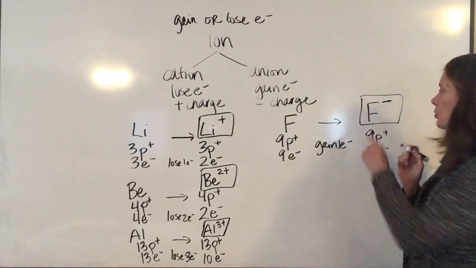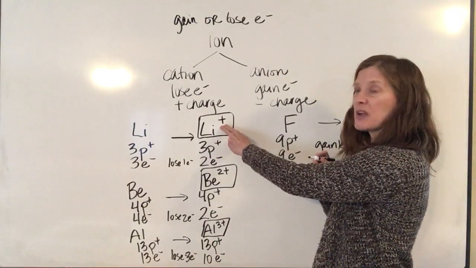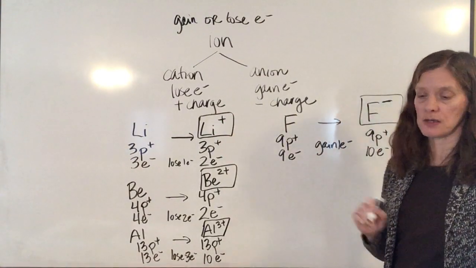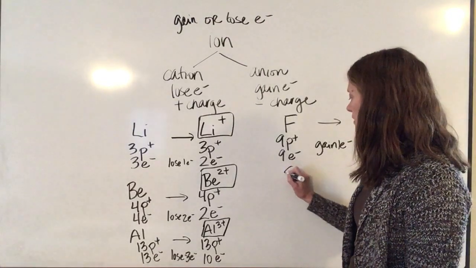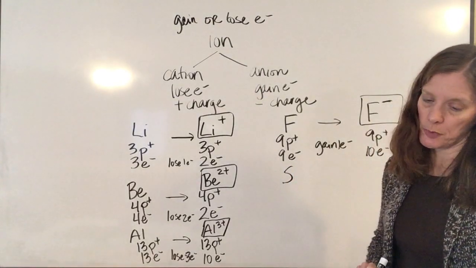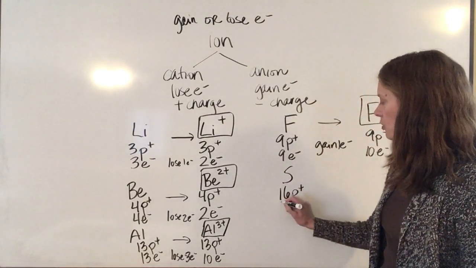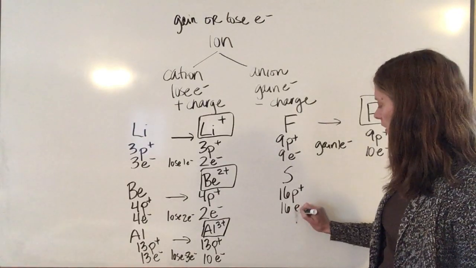If it's just a minus 1, you don't actually have to write the number. Just like with the plus over here, I didn't have to write the number. If you just have the plus or just have the minus, it implies that there's a 1 there. If I take sulfur as an example, sulfur has an atomic number of 16. So if it's neutral, 16 protons, 16 electrons.